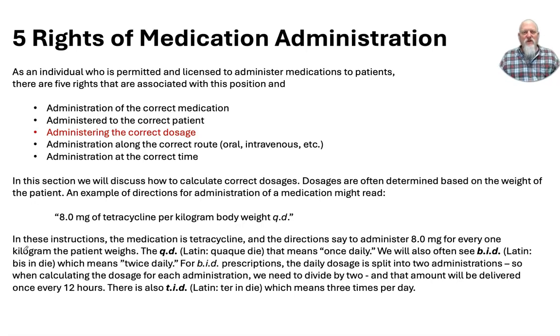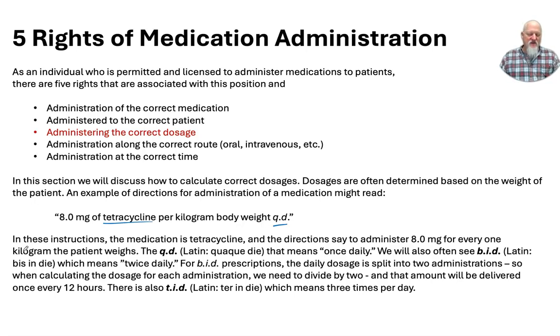So in this section, we're going to look at one way of dosing. For example, when you've got tetracycline as your drug, you might read that 8 milligrams of tetracycline per kilogram body weight QD. And sometimes it'll say QD, and sometimes it won't.